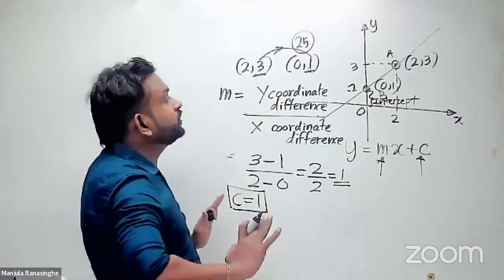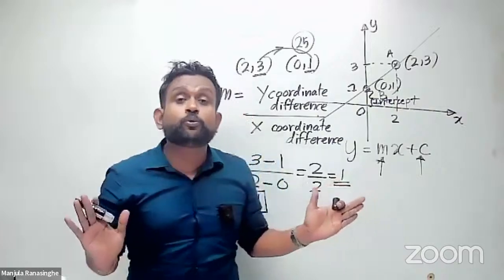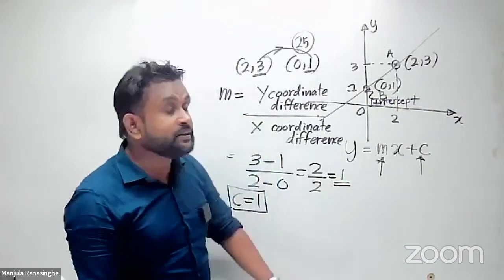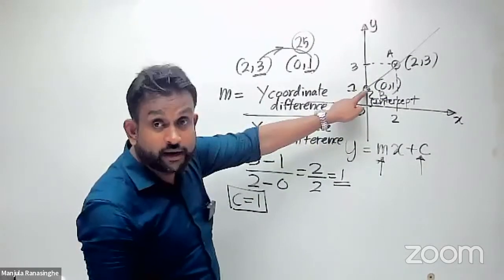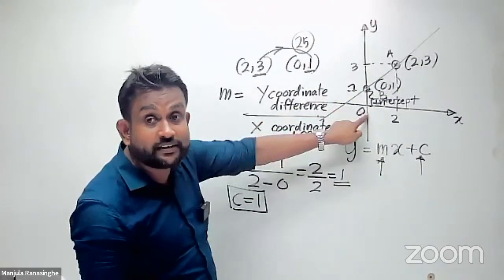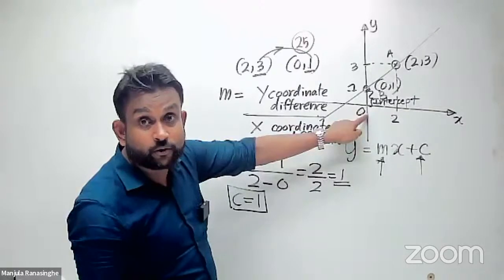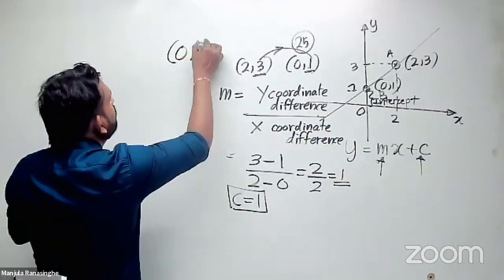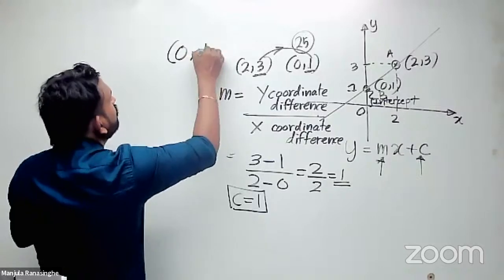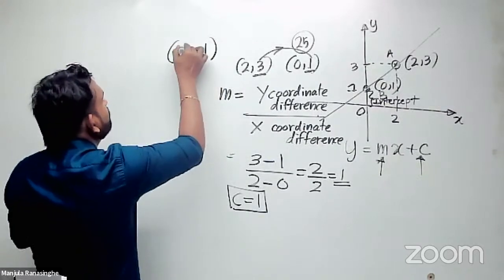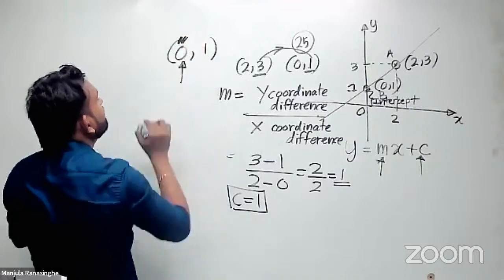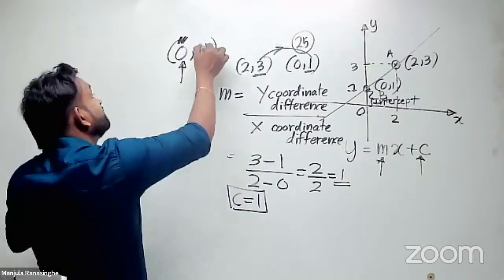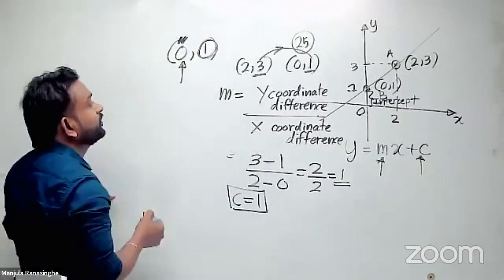So without drawing the graph, how to identify the intercept with the given coordinates? What is the intercept value here? 1. Then see what is the x coordinate, that is 0. Remember, always the x coordinate is 0 at the intercept. So if you see that speciality, there is a coordinate 0 comma something, that something, the second value, is the intercept.